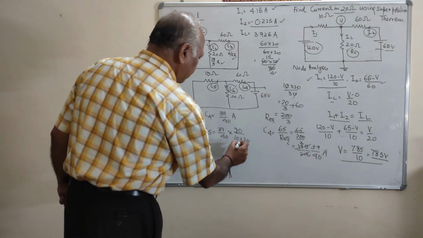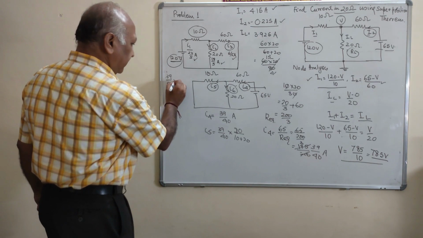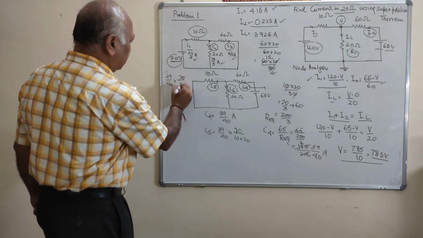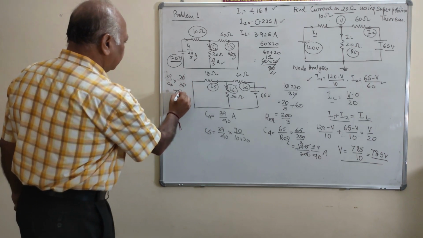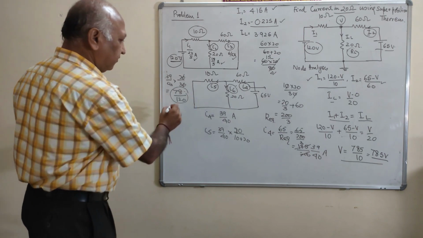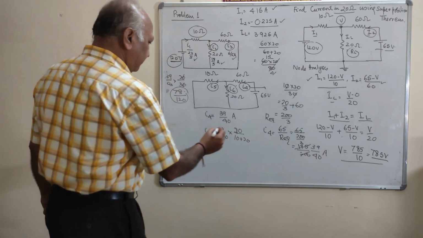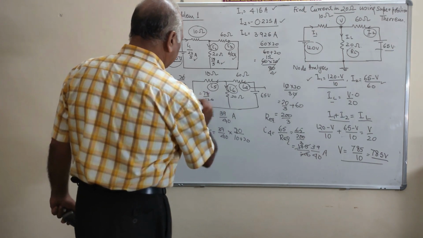So 39 upon 40 into 20 upon 30, that is equal to 78 upon 120. So I5 is equal to 78 upon 120.